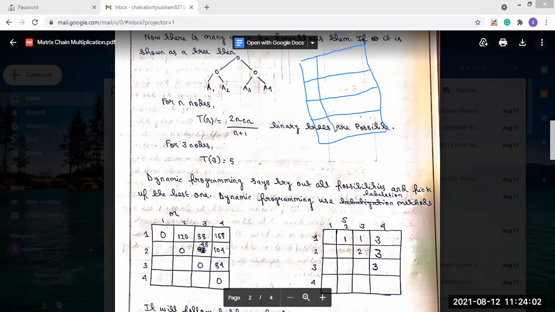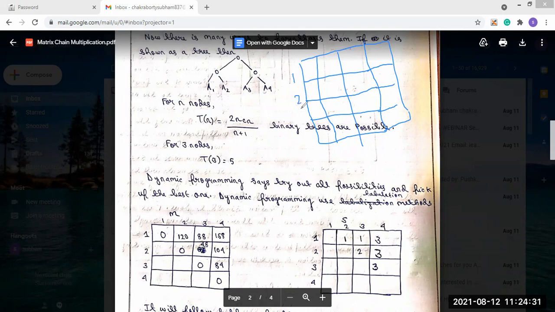So let's say the table is like this. We have prepared a table like this. Now a question arises in you: why only 4? We have given 4 here because you see A1, A2, A3, A4. So a total of 4 matrices are present. That's why we have taken 4 cross 4.